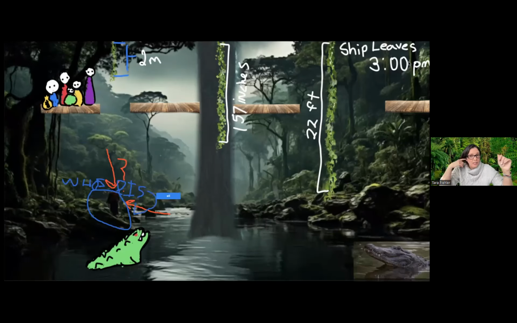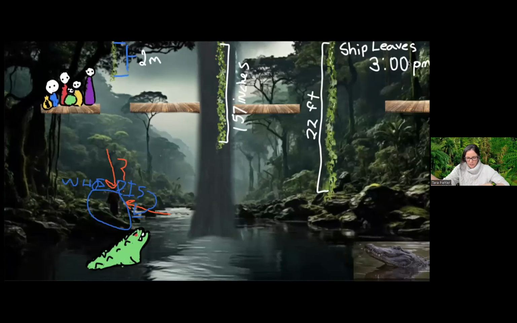Some are in meters, some in inches, some in feet. It all needs to be in meters. You're going to calculate the time it's going to take, and you need to tell me at what time you need to leave the first platform in order to get to the last platform or the ship. So you need to give time for everybody to cross it.